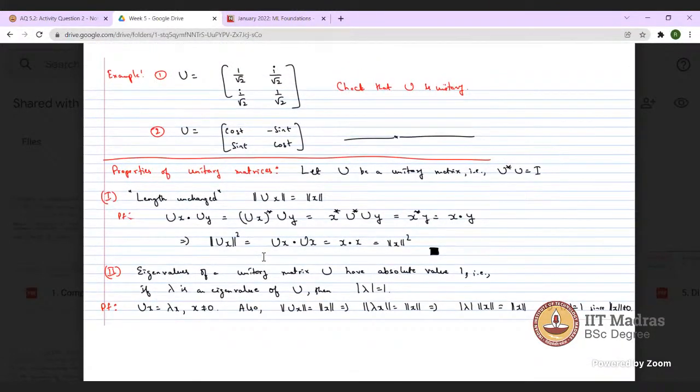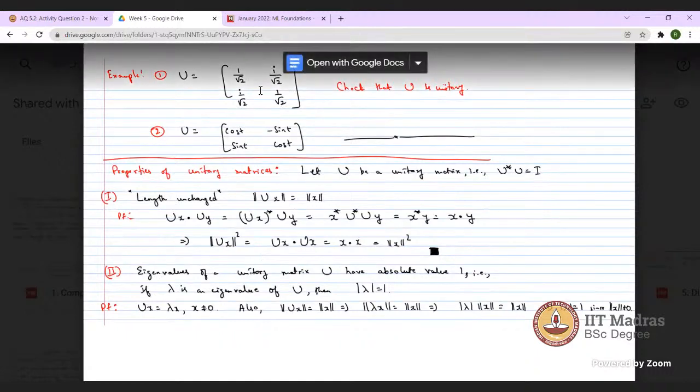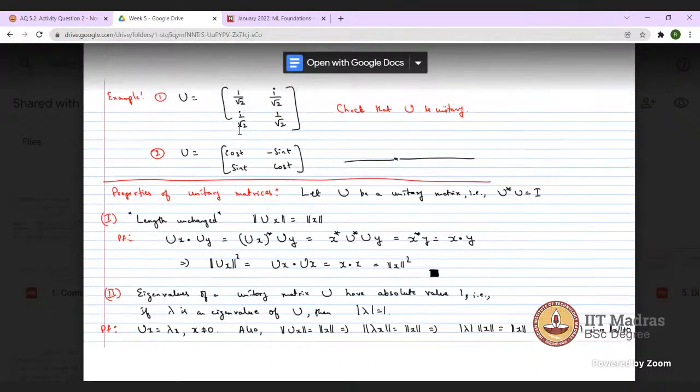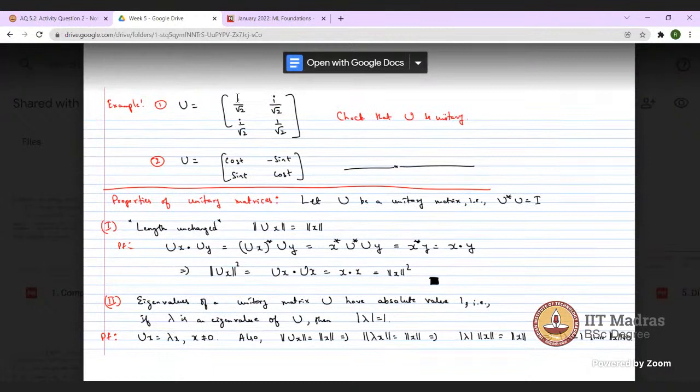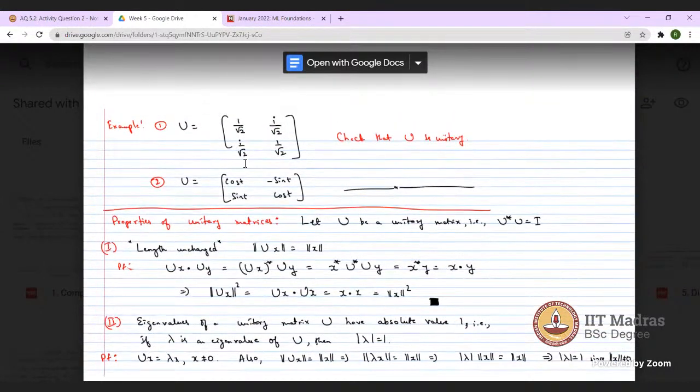And one other thing is, if you look at it, the length of each vector in this unitary matrix will be equal to 1. The length of the vector 1 by root 2, i by root 2 falls under one vector, and its magnitude is equal to 1.